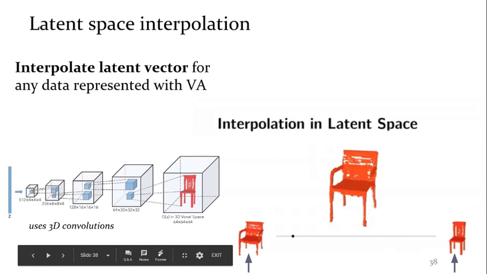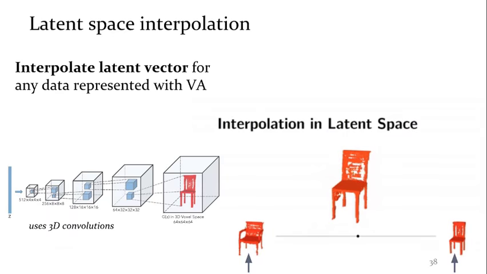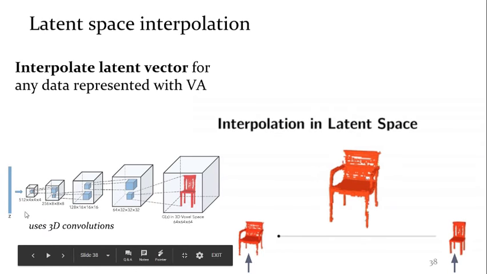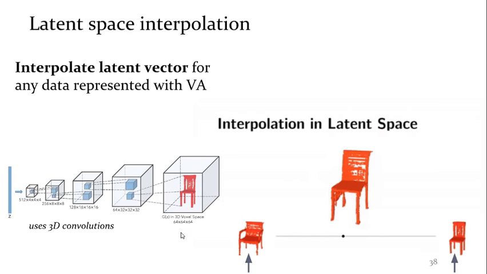So this is not limited just to images. Whatever you can represent and train a model on, you can interpolate in. We had a model which is able to represent 3D objects, called voxels in this case.